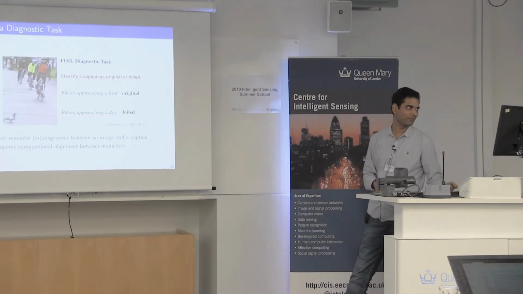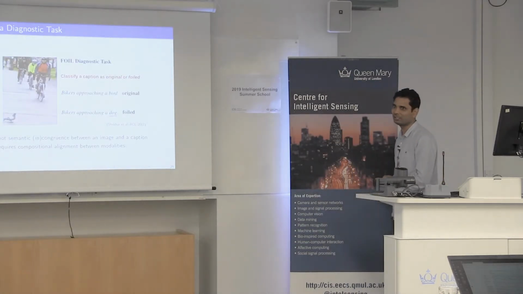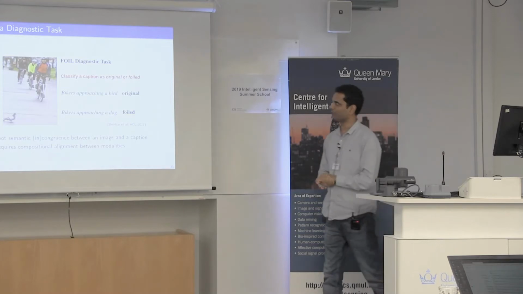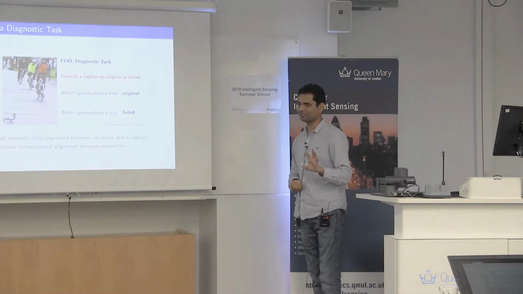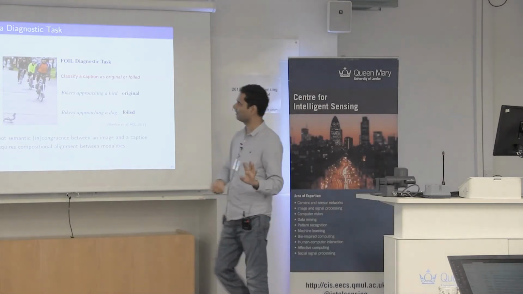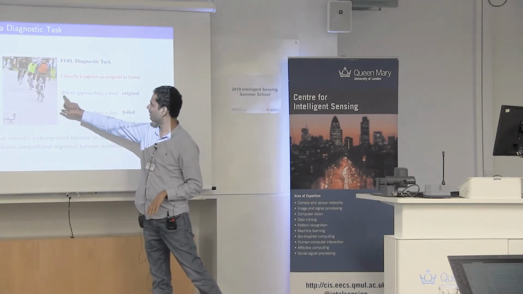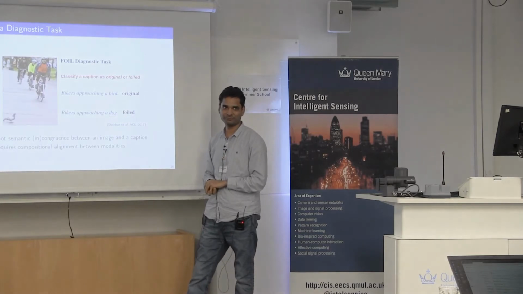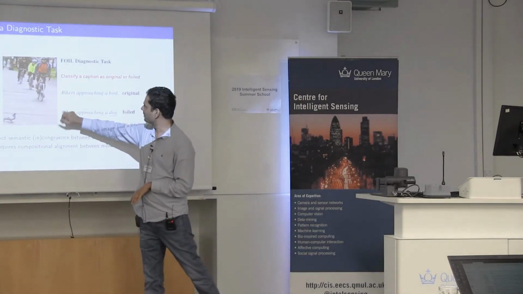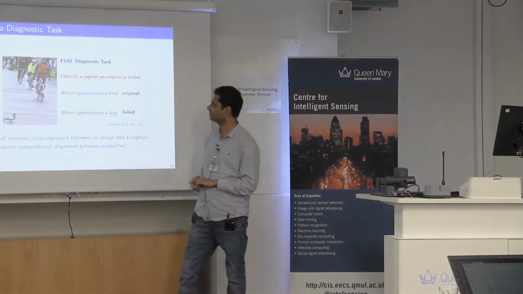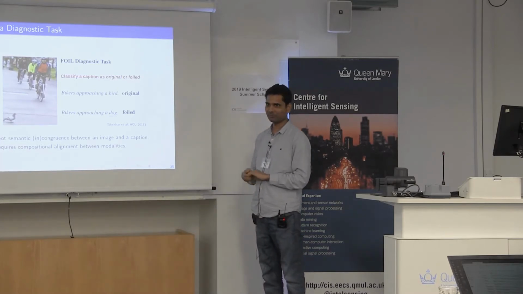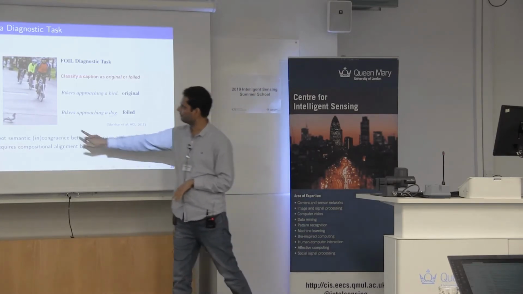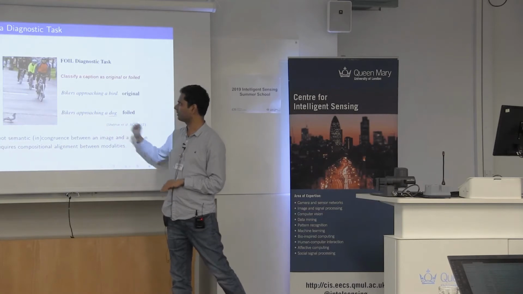What I mean by the diagnostic task is that we use the FOIL diagnostic task, which is a very simple task. You have an image and a caption, and you have to tell whether that caption is correct or not. This image caption says that a biker is approaching a bird. Similarly, there is another caption, a biker approaching a dog.